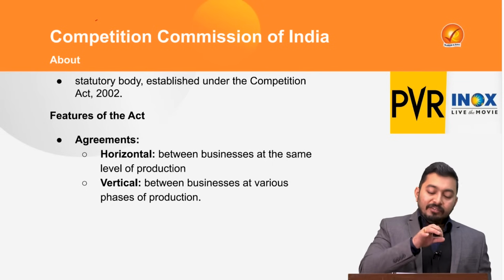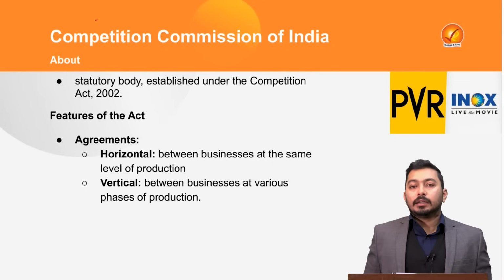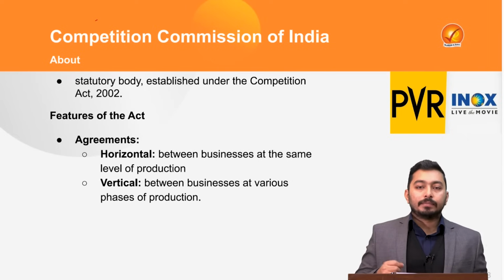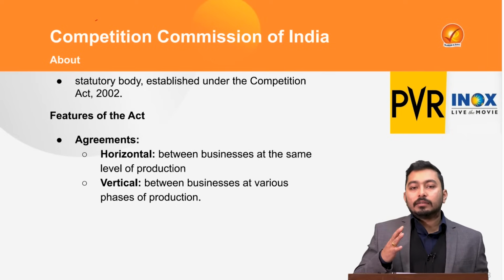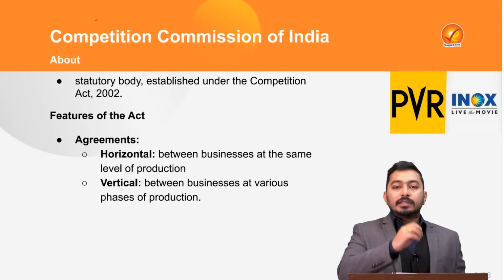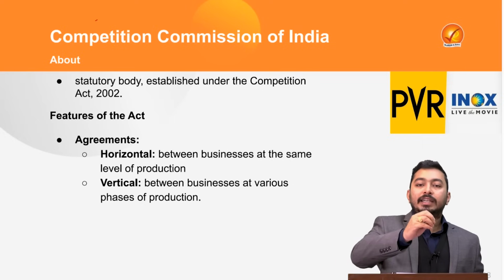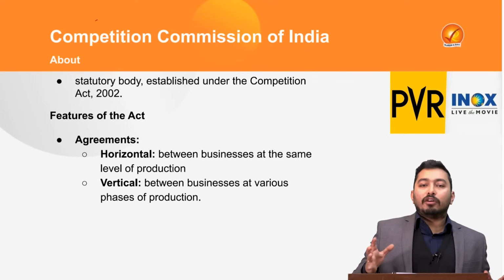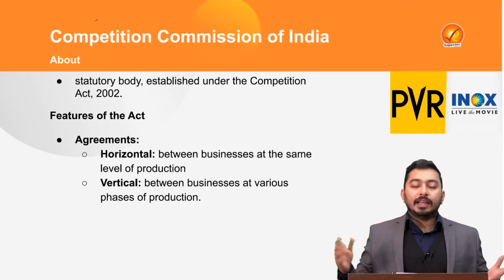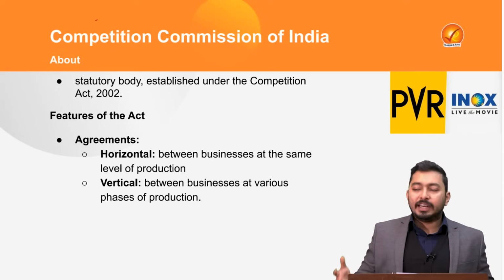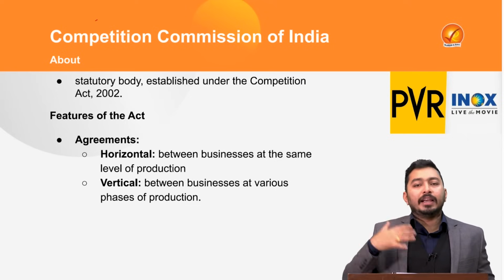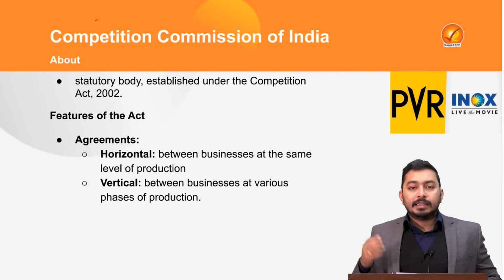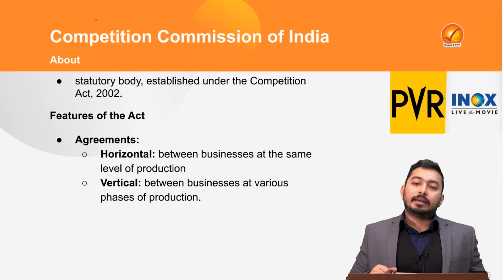Now, when we are looking at the Competition Act, there are some features. A, there are some agreements which are rejected by the face of it. That means I am rejecting them the moment I see such acts. So there are 2 types of agreements we can make. One type, let's say I am Inox and I am having an agreement with PVR. This is called a horizontal agreement.